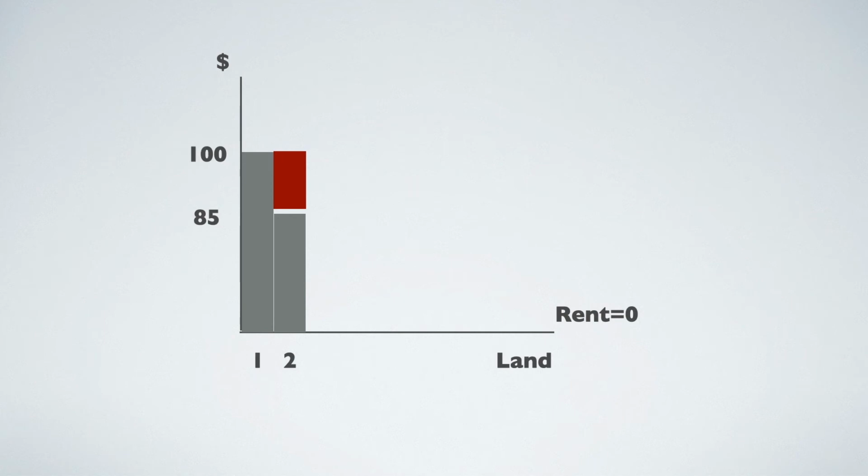Four lessons. Number 1, Ricardo fumbled with the price difference of the two lands and attributed the difference in land 2 to land 1. Number 2, the difference in land 1 is not consumer's profit or surplus.